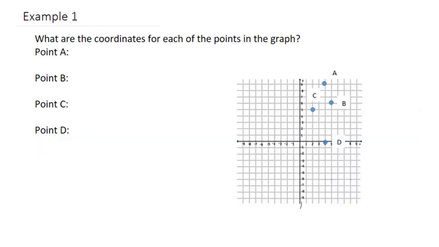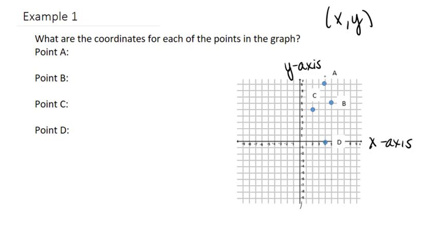Example 1. What are the coordinates for each of the points in the graph? So remember, we're going to look for our x and our y. And so how we do this is we remember that this is the x-axis and this is our y-axis. So now we look for point A, which we see it's right here.